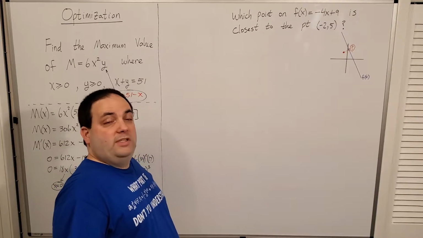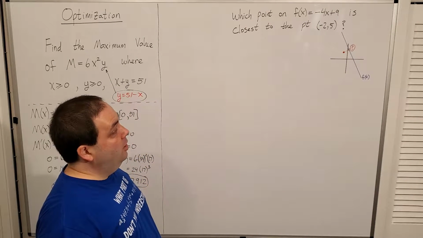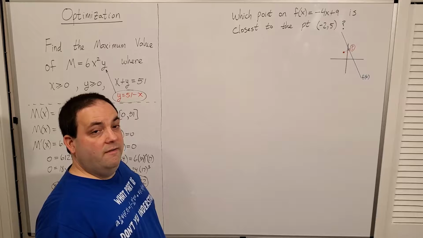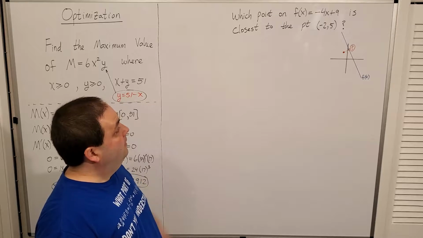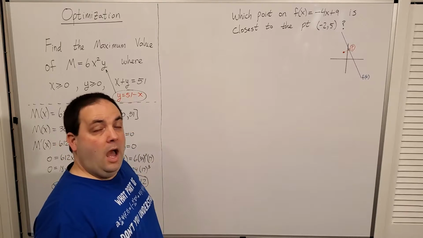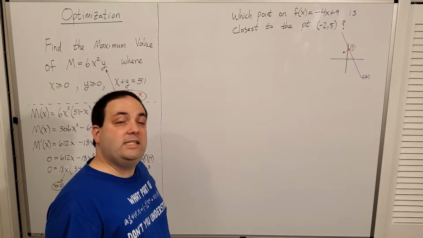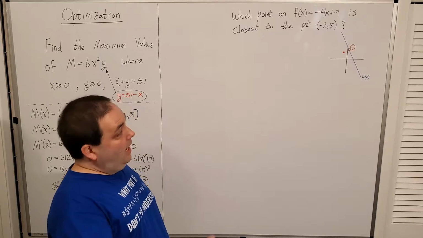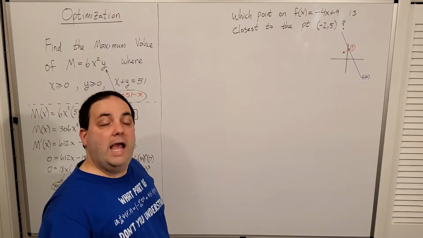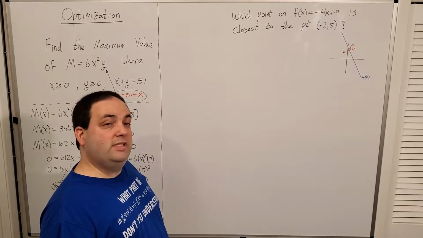So then what's the optimization function? Well, what am I minimizing here? Closest, right? I'm minimizing the distance function. It's not written up there, but that's what it's asking me to do. So what's the distance function?